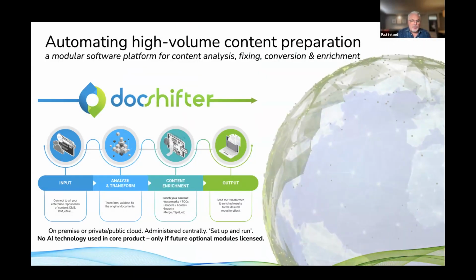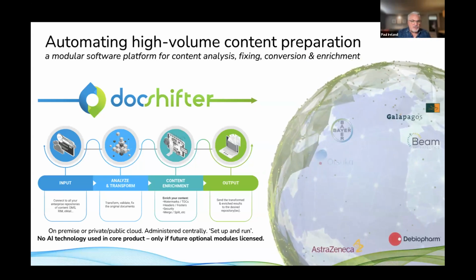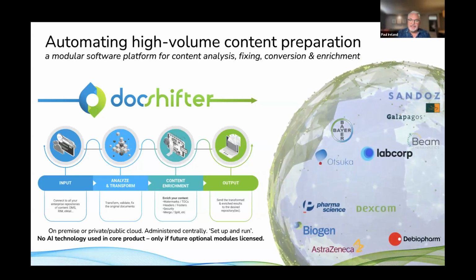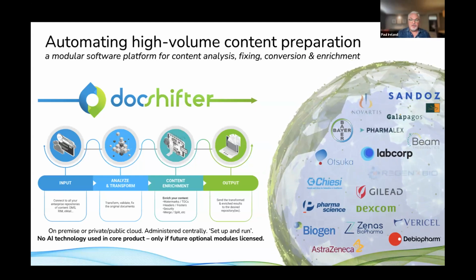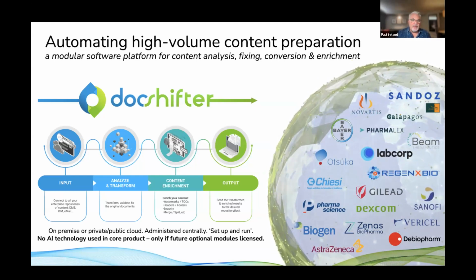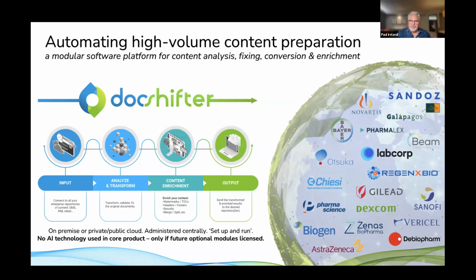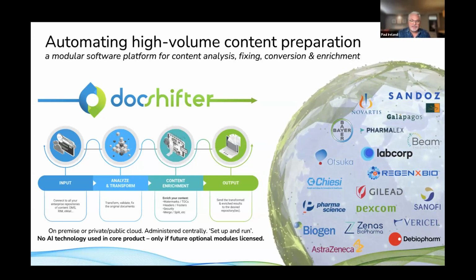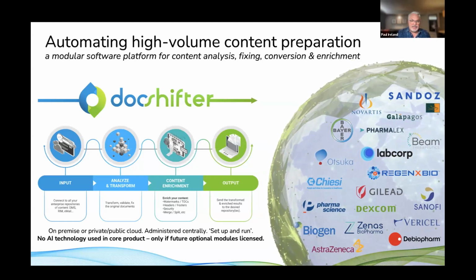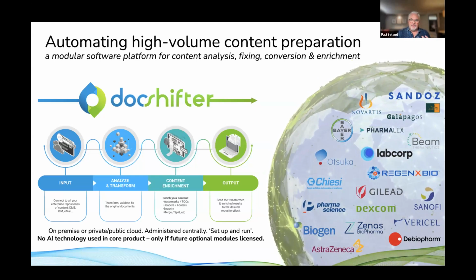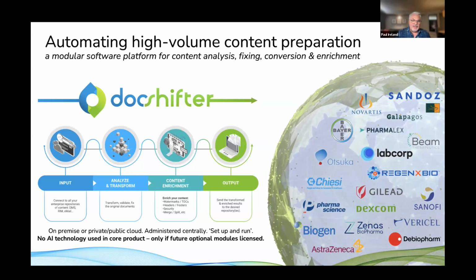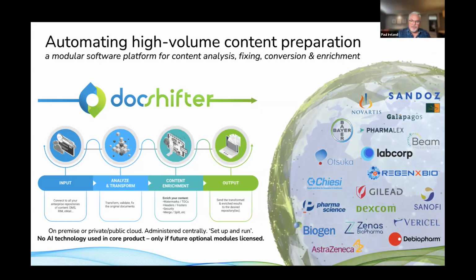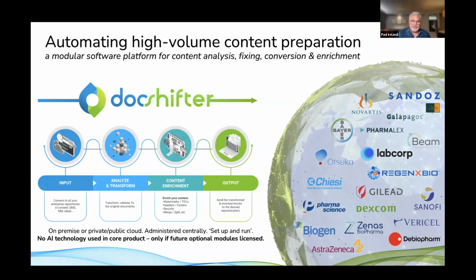With that, just a quick intro to ourselves. We at Docshifter provide an automated high-volume content preparation platform. It's ultimately a platform that performs many tasks, not just conversion of content or rendering, as many people refer to it, but it performs various content analysis, fixing, conversion of content, and enrichment. So we take content from some input repositories. We'll talk about this in more detail as we go.